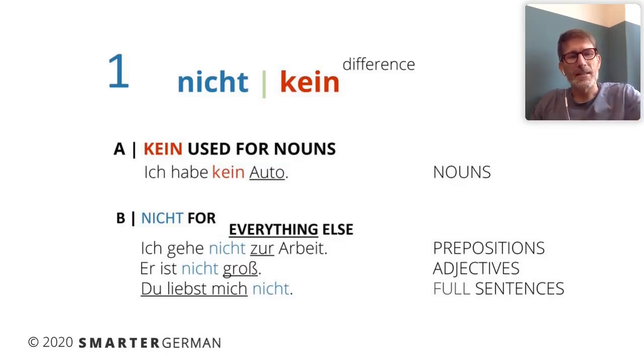And the difference between Nicht and kein is very simple. Kein is used for nouns. So basically, whenever you have a word with a capital letter, like Auto, and you want to negate that, you put a kein in front of it. You can easily remember that by imagining, you could as well write this without the K. Ich habe ein Auto.